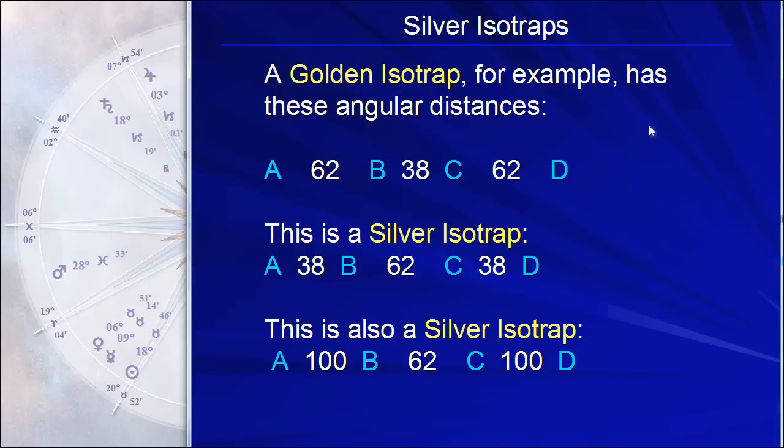Now, you don't need to memorize this. Do not memorize it. Don't worry about it. If you're looking at a chart and you start seeing a lot of golden mean midpoints between them, you may all of a sudden notice that 4 planets are all making golden mean midpoints to each other, and that's because it's a golden isotrap.